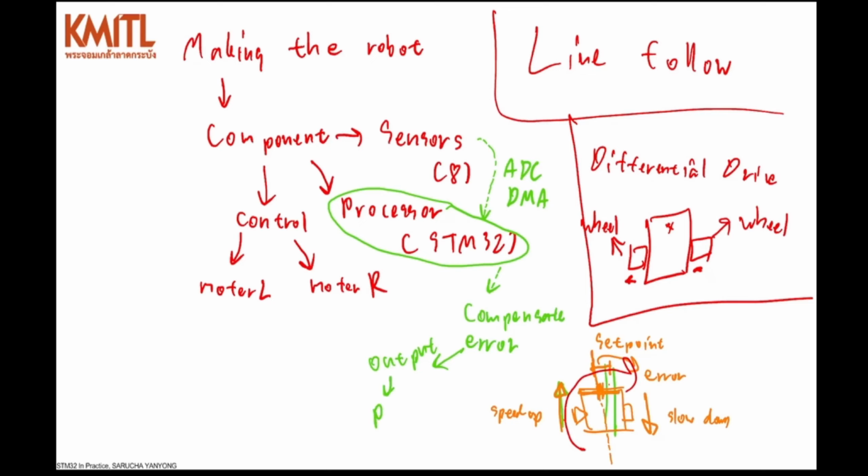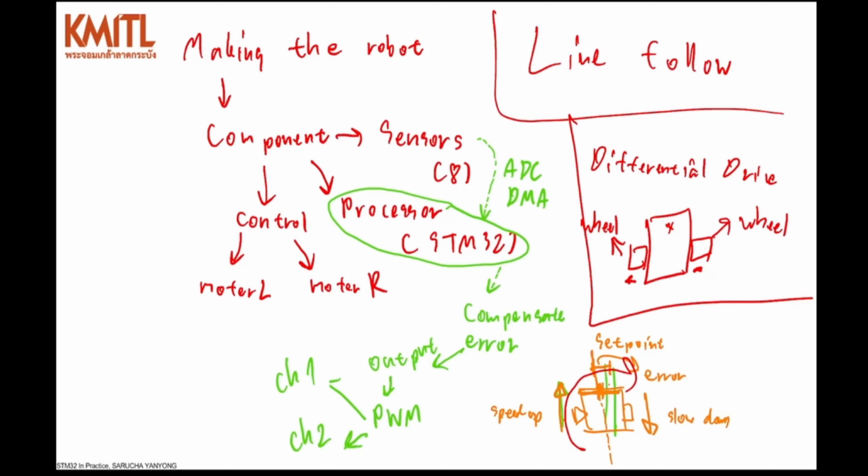So we have two motors, right? That means we need channel 1 and channel 2, CH1 and CH2.